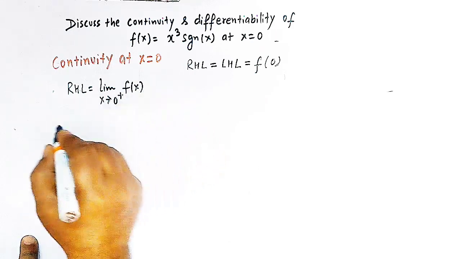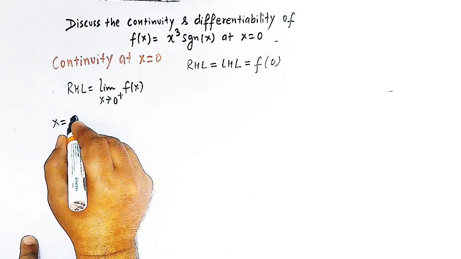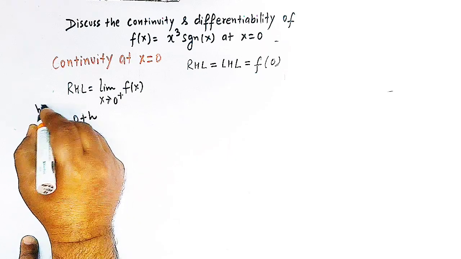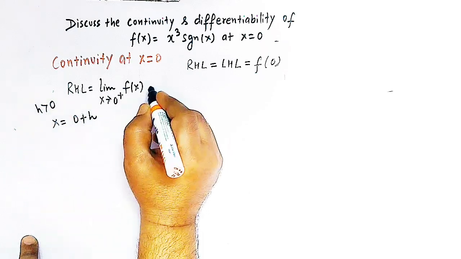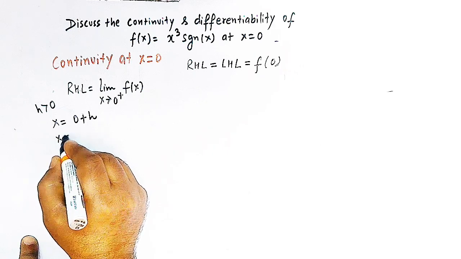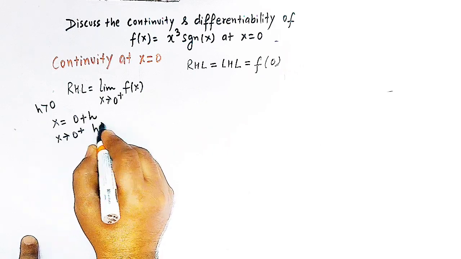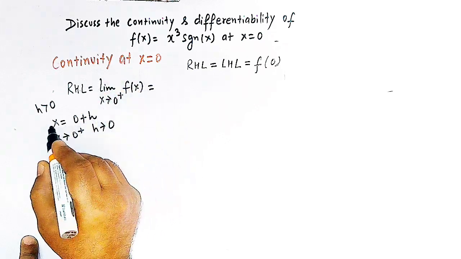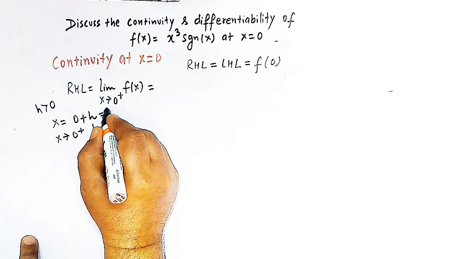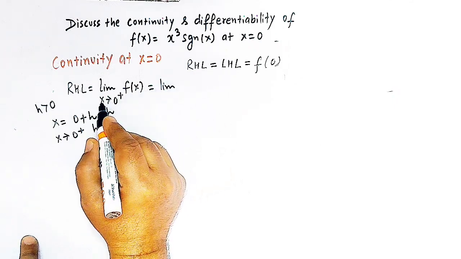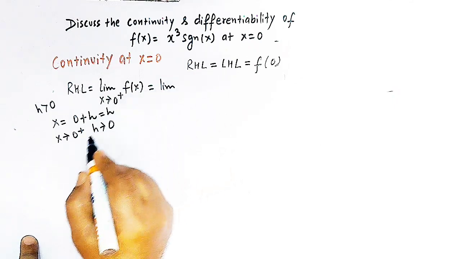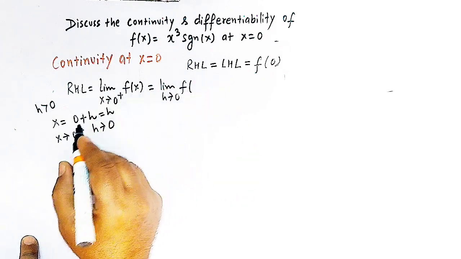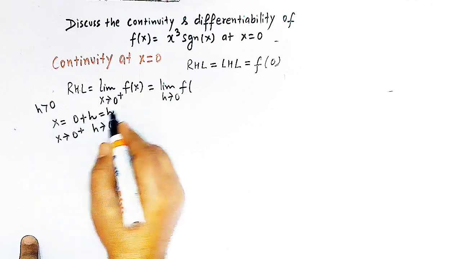So now here we'll take x is equal to 0 plus h, where h is a positive quantity, that is h is greater than 0. So when x tends to 0, then obviously h tends to 0. So now writing this limit in terms of h, that is x is equal to 0 plus h, that is h. We have limit for x tends to 0 positive, we can now write h tends to 0, and for f of x we can now write x is equal to 0 plus h, that is h.